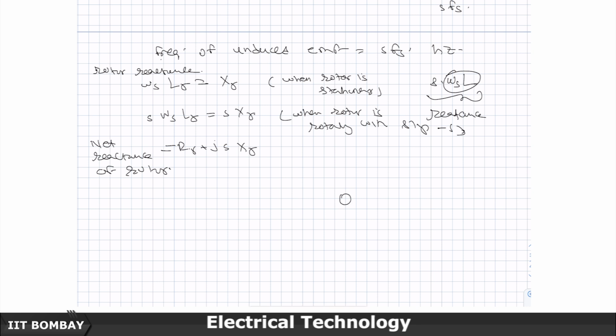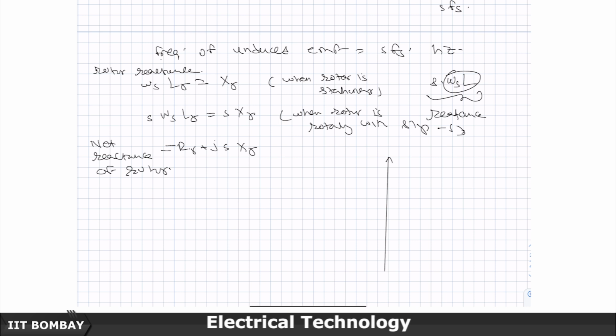So let us look at this. Let us think of it like this: the magnetic field which is created due to the A phase, for example, is aligned in this direction.